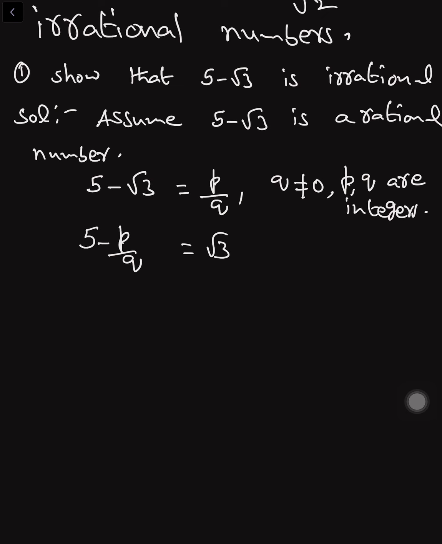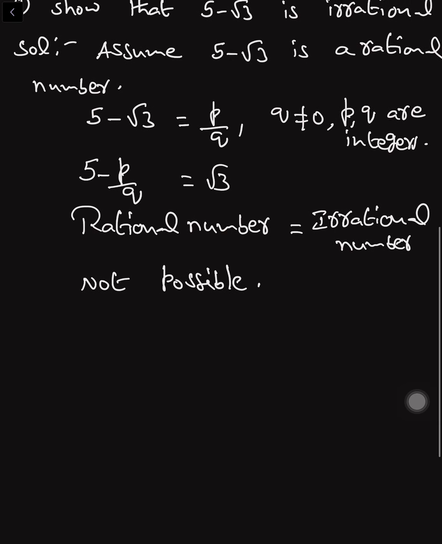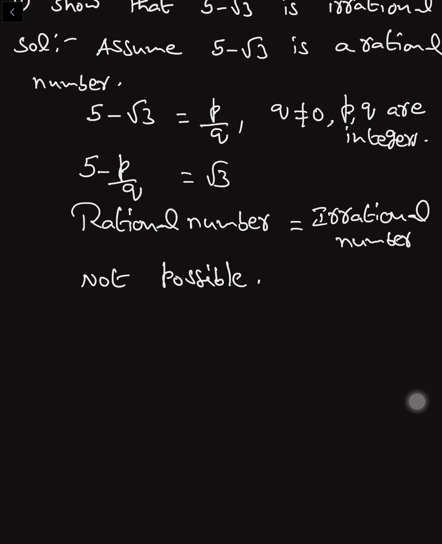So simply you can write rational number is equal to irrational number, because root 3 is an irrational number. So this is not possible. Why did we get this? Because of our assumption.